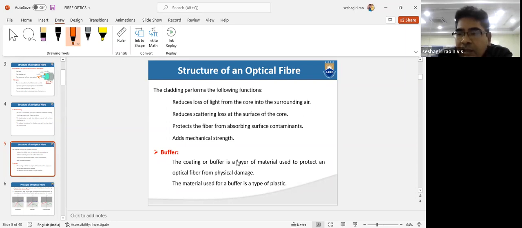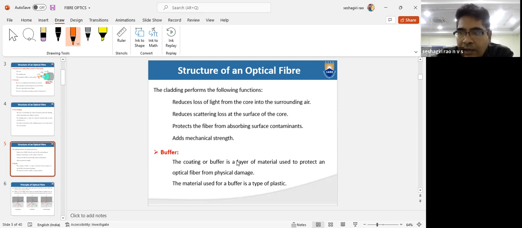So these are the functions of the cladding.